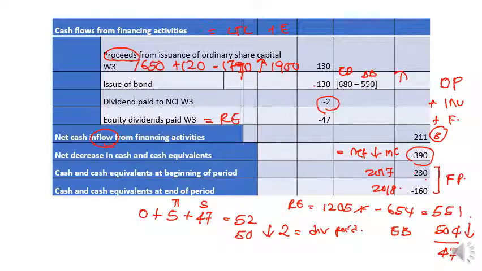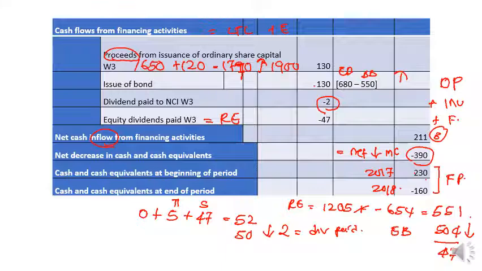You also have another one for NCI, 47, which is from the acquisition of Semangat. So altogether you have 52, compared with the ending balance, which is only 50. So reducing by 2 here means that this is the amount of dividend paid to NCI. So you have -2 here.